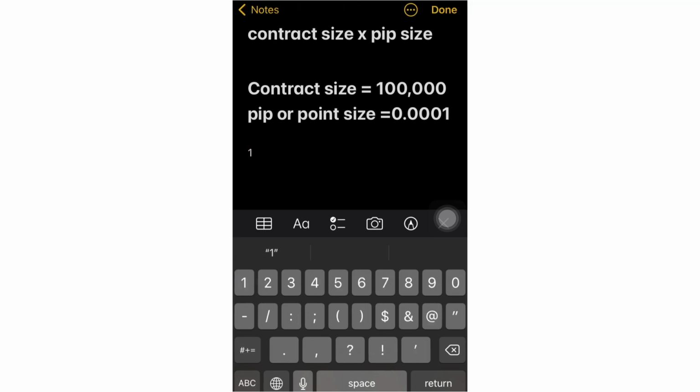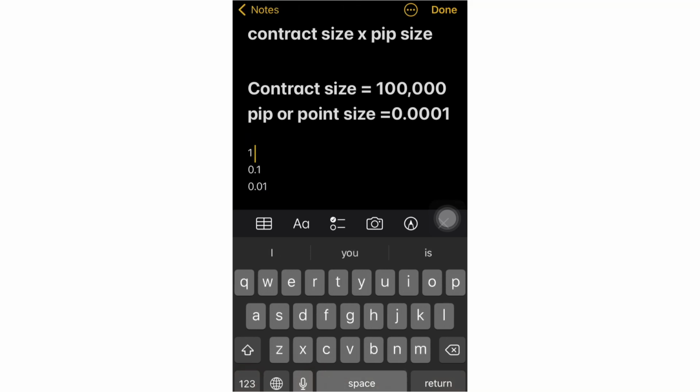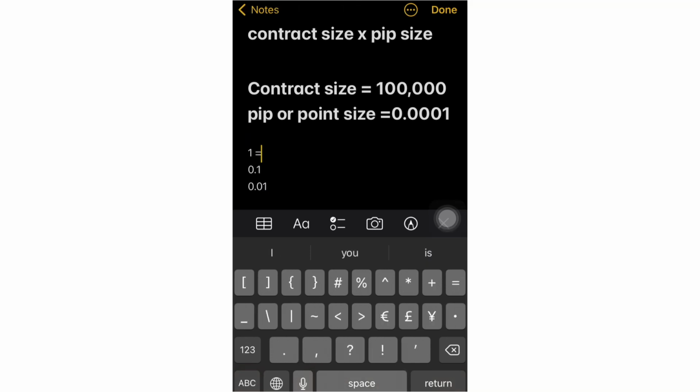So let's say these are usually what we have in Forex as lot size: 1 standard lot, mini lot, micro lot, and so on. Now if I have 1 pip run on the standard lot, it's going to give me $10. Take note of what I'm saying.